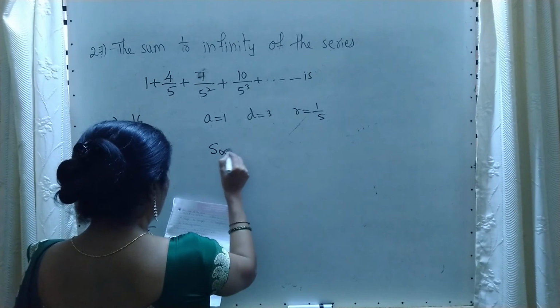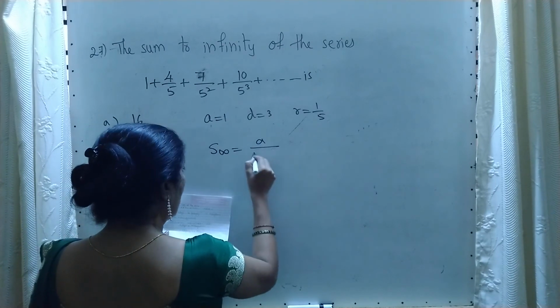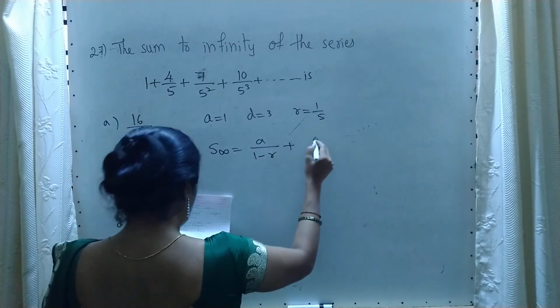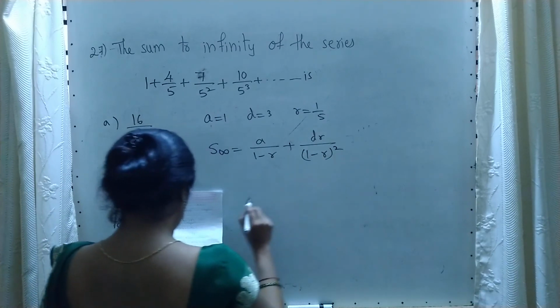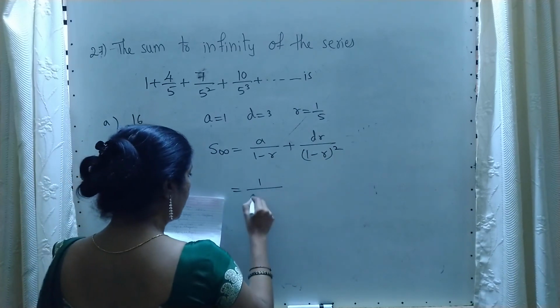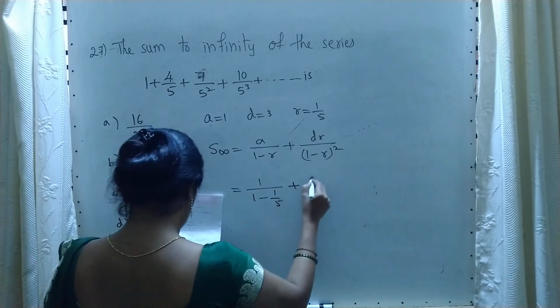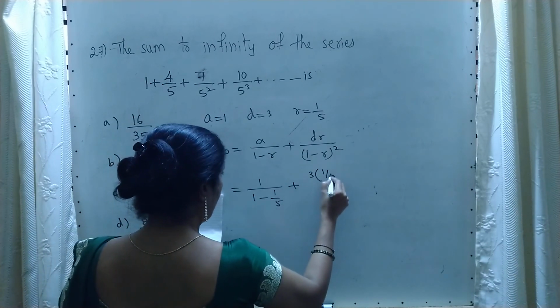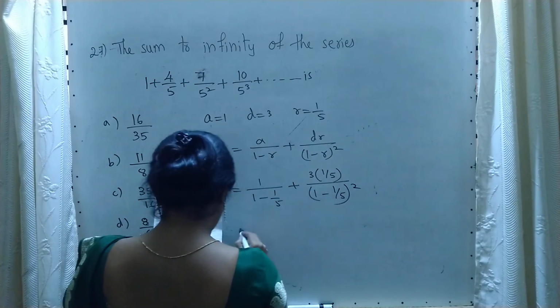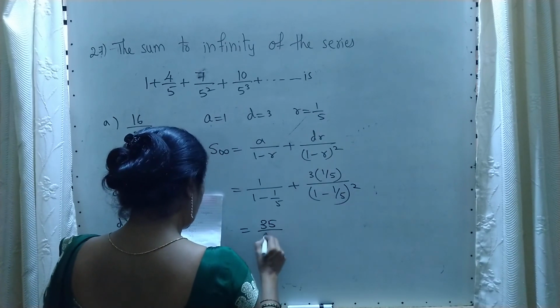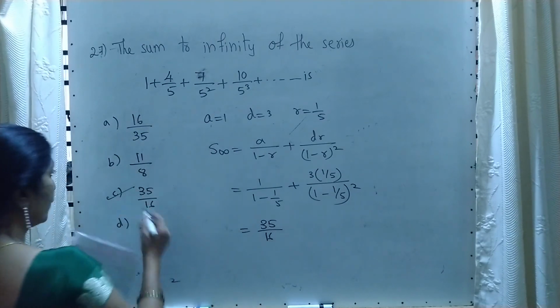Formula is S infinity is a upon 1 minus r plus dr upon 1 minus r whole square. Just substitute these values. And when you simplify, you will get the answer 35/16. That is option C.